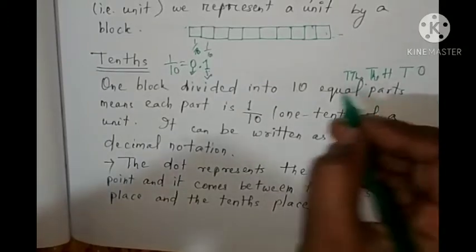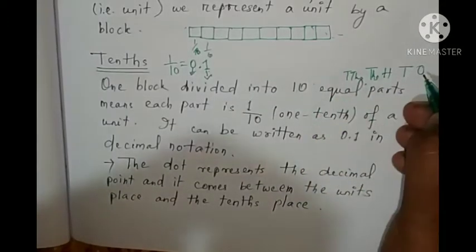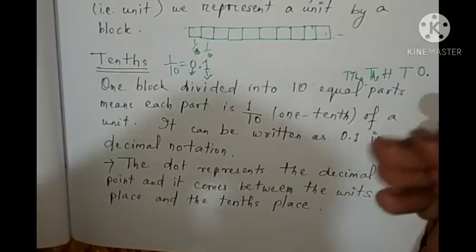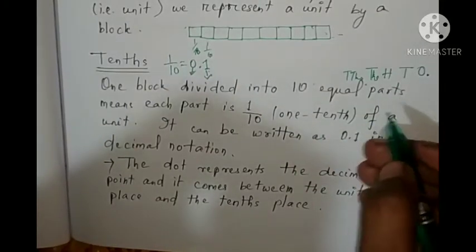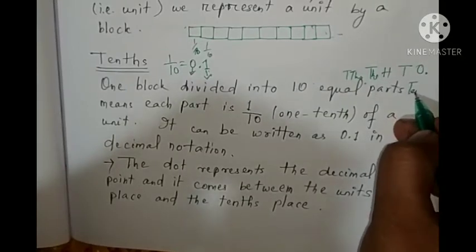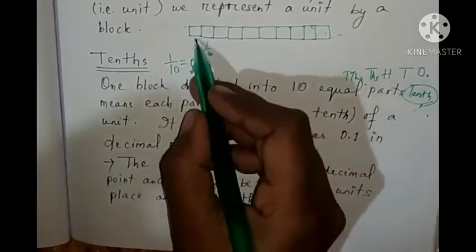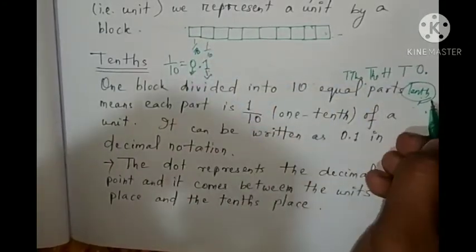But where will we put the decimal? After ones. After the decimal, what will we get? Tenths.